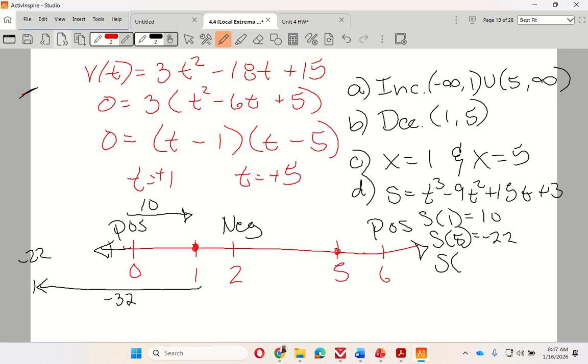So S of 5, and from that way I change direction. And I just keep going that way from right there on. It's all positive from there.